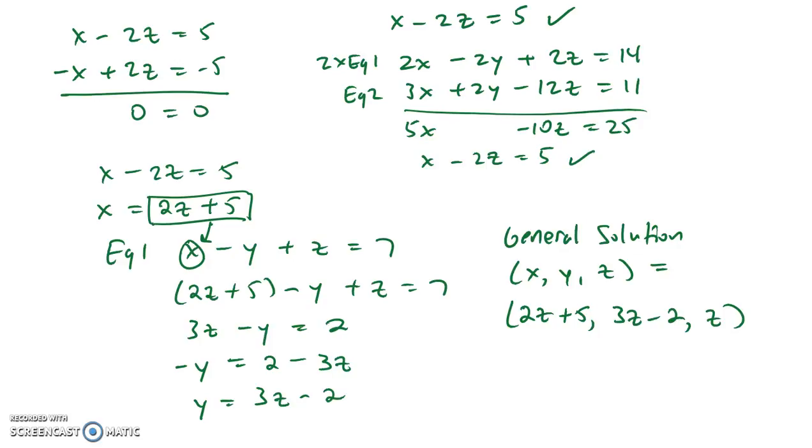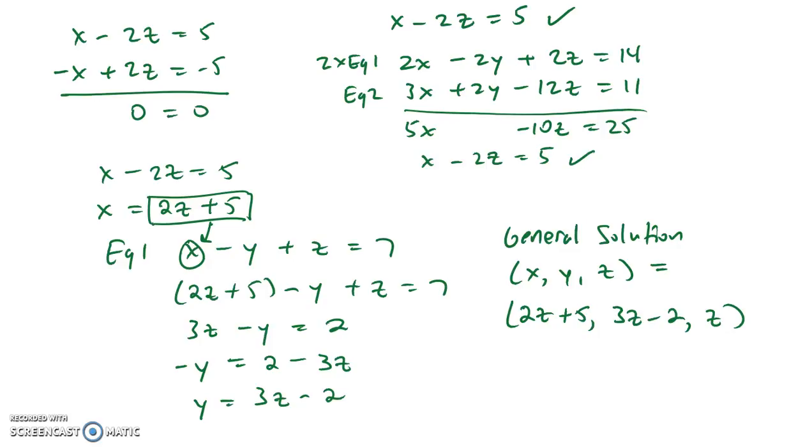So we express our general solution of the system as 2z plus 5, 3z minus 2, and z. And this is the way it's done in the textbook, and likely the way you're going to see it expressed in the MyMathLab homework exercises as well. So this is why I mentioned earlier that in a case of a dependent system, you want to leave z in the mix. You want to express your general solution in terms of z.